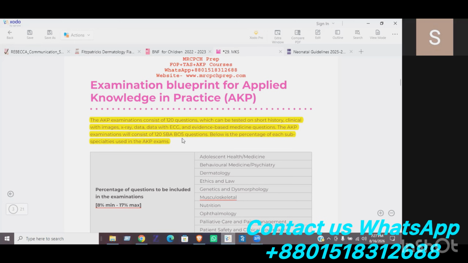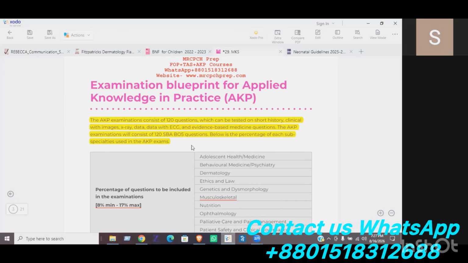Some students ask which topics to follow. In the exam you are tested on short histories, clinical images, X-ray, data, ECG and evidence-based medicine.